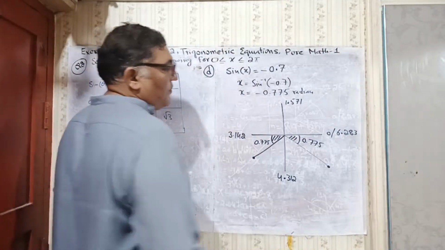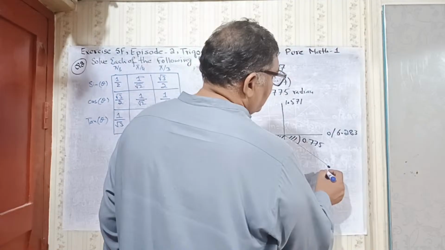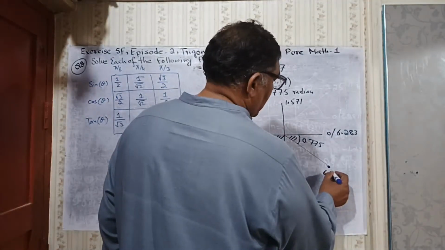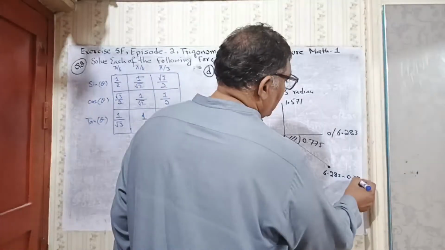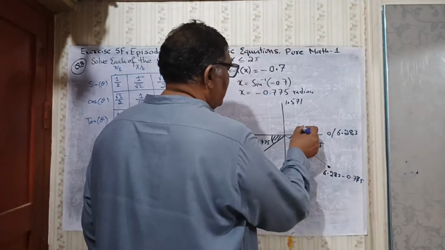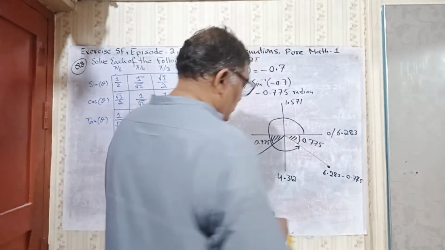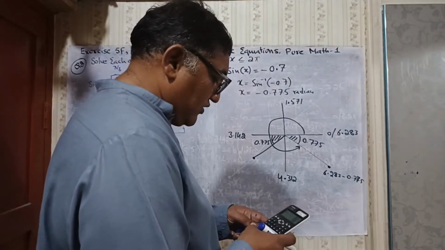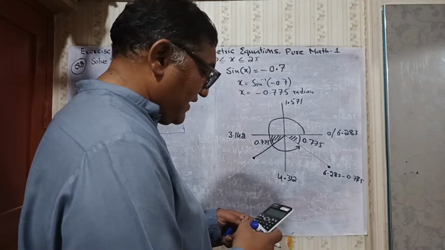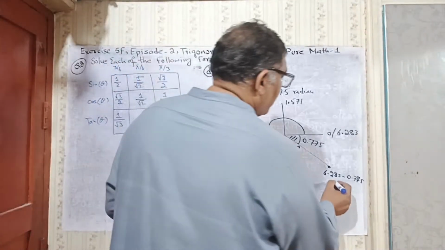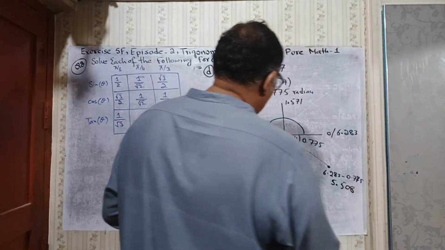Now I can find this angle, and it will be 2 pi, 6.283, minus the base angle 0.775. So 6.283 minus 0.775 is 5.508.